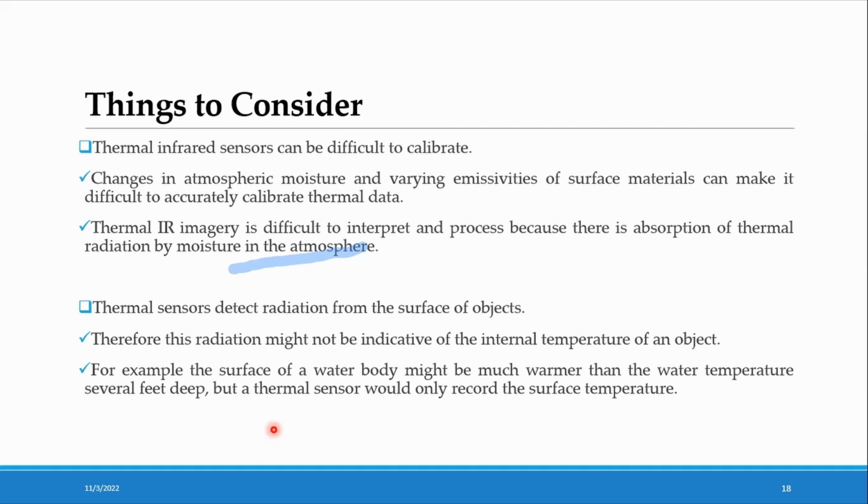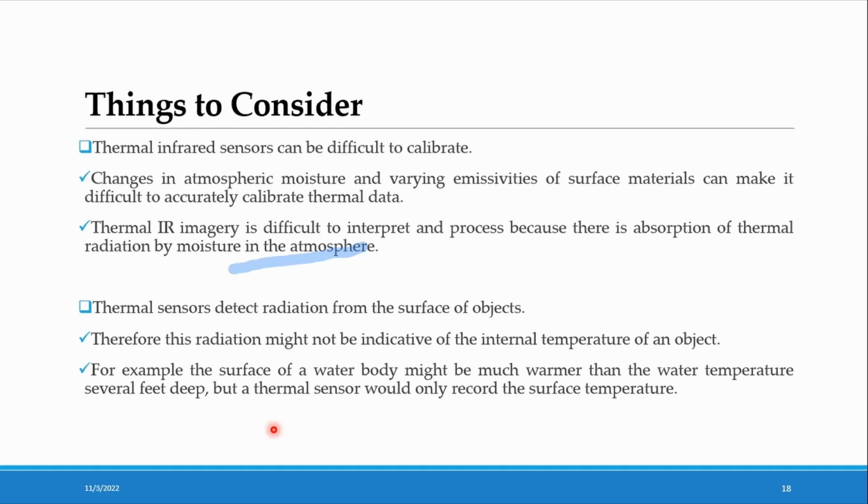Secondly, the second thing to consider when you're analyzing thermal images is that the temperature the sensors are recording is surface temperature, just a few centimeters off the ground. I'll take an example, it's actually here, of water. The temperature of water measured by the sensors is actually the surface temperature, about maybe 10, 15 centimeters from the surface of water.